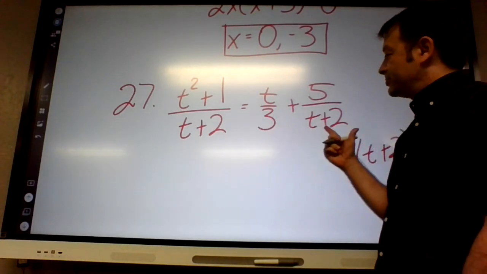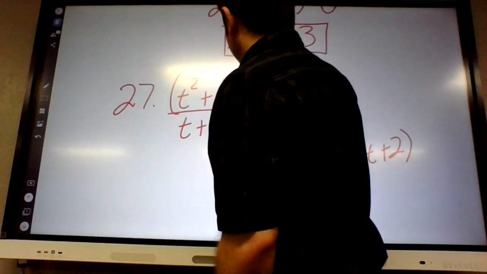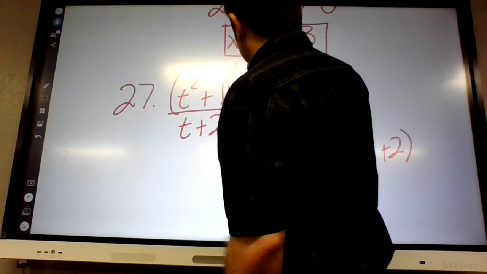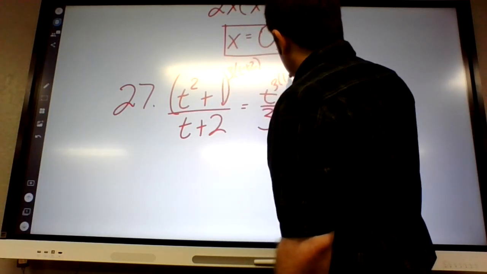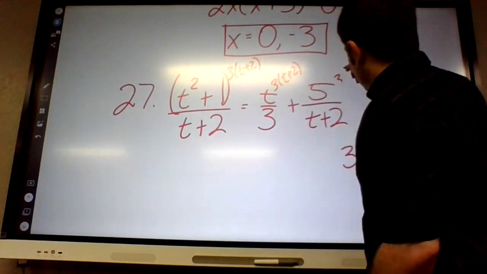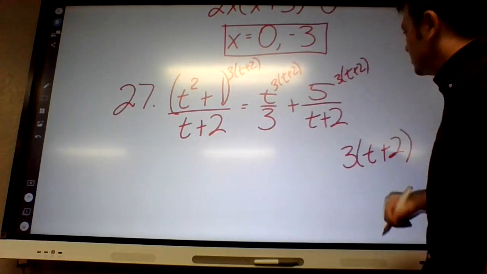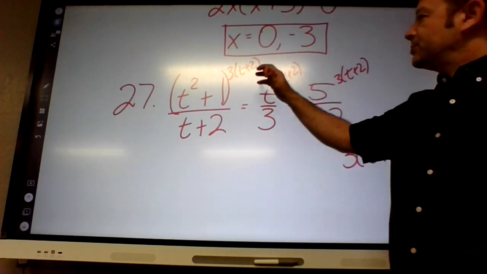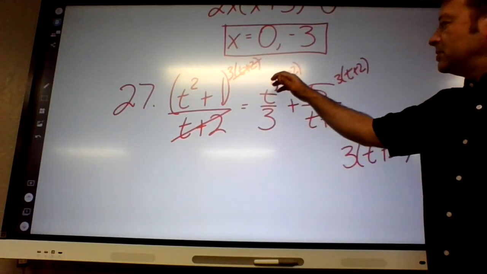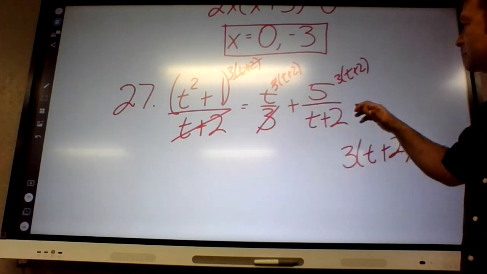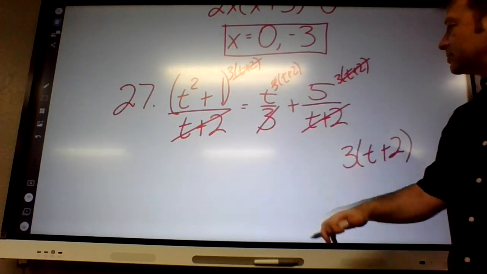Just one of those and one of those is what you need. So I'm going to multiply everything by 3t plus 2. And on this first one, the t plus 2's cancel out. The 3's cancel out. The t plus 2's cancel out.